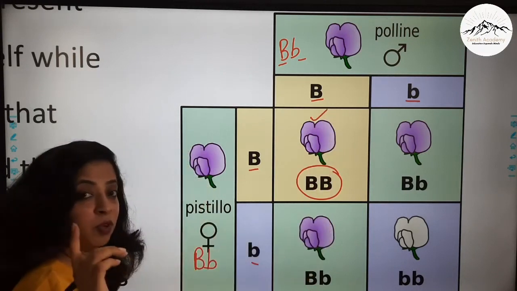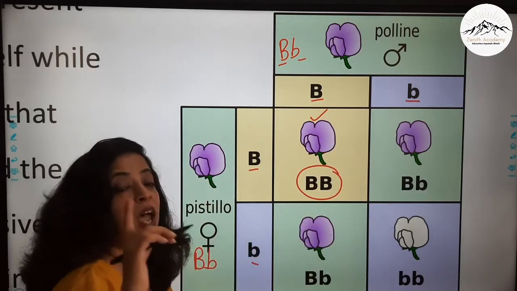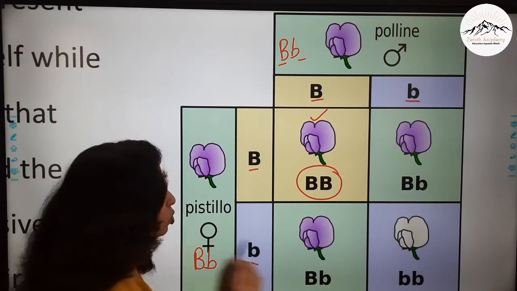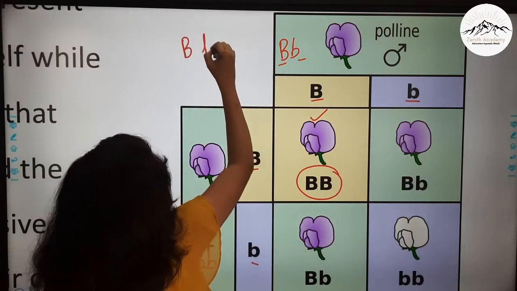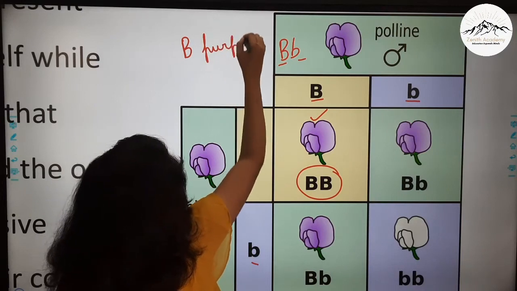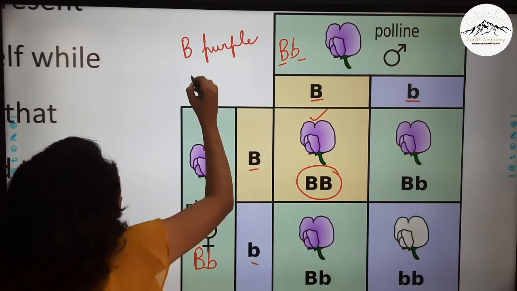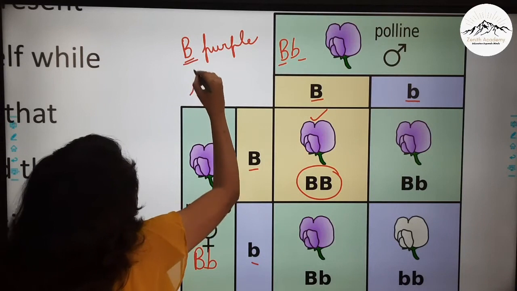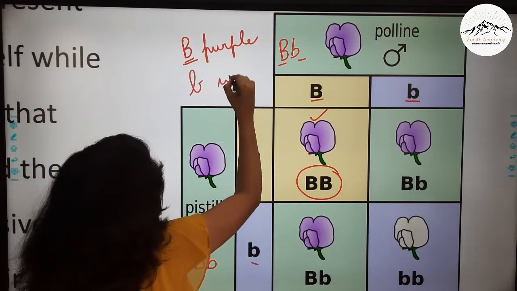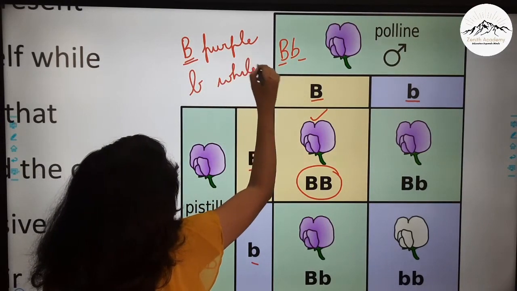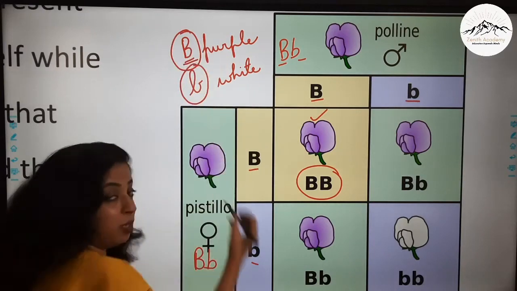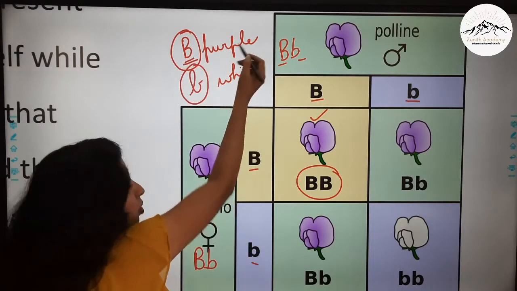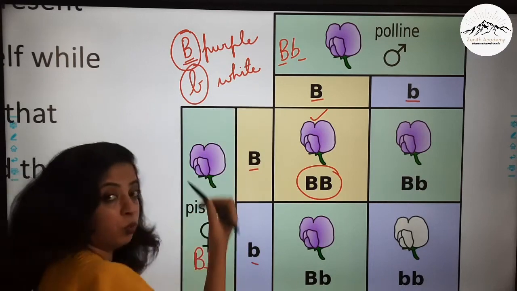In the color, if you remember, purple is the dominant and white is the recessive. So we take capital B for purple because it is dominant, and small b for white because it is recessive. We can take only one letter, that is why we have taken capital B and small b. So capital for the one who is dominant and small for the one who is recessive.